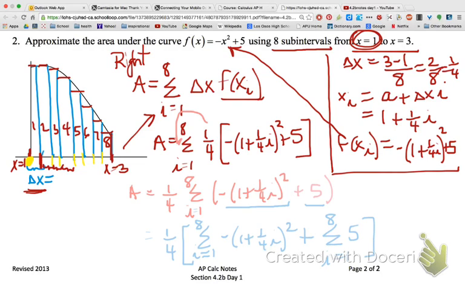And then I know this part is nothing more than a string of 8 5s, so that's 40. And I could most definitely FOIL all this, distribute the -1. I'll end up with 3 terms. I'll have one that's a constant, one that has an i, and one that has an i squared.